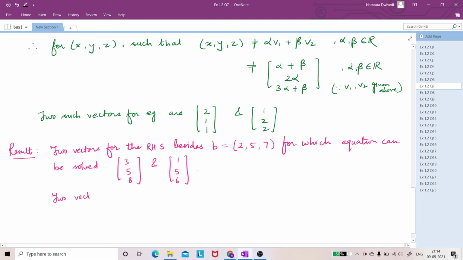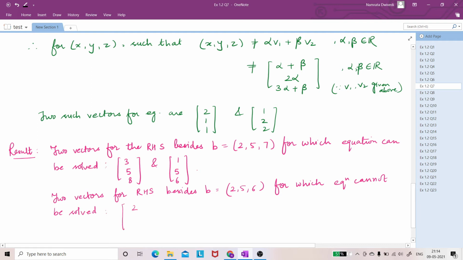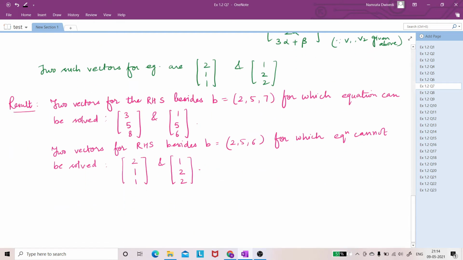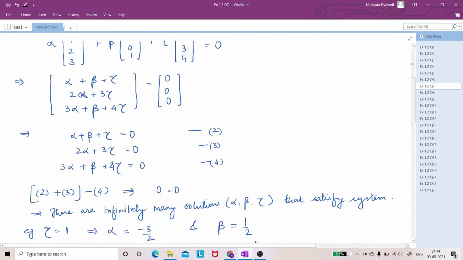Then the second one is two vectors for RHS besides B equal to 2 5 6, for which the equation cannot be solved, and those are 2 1 1 and 1 2 2. So we have solved question number 7 as well.